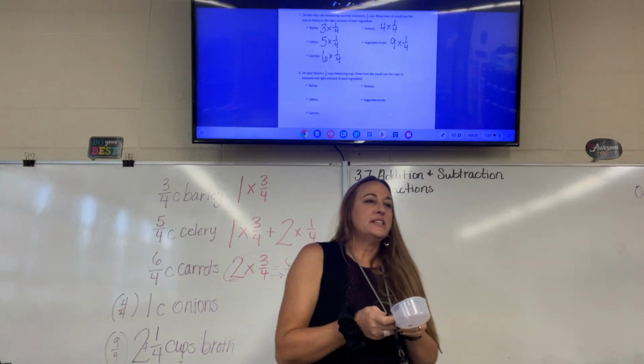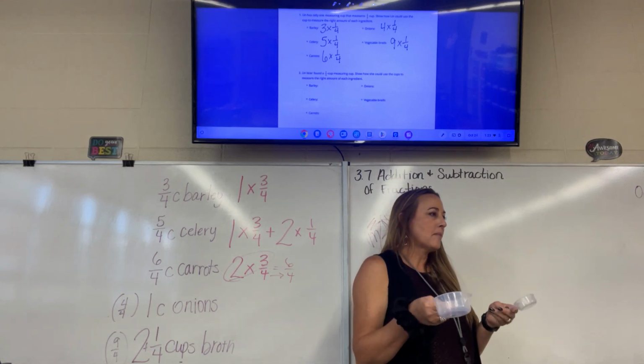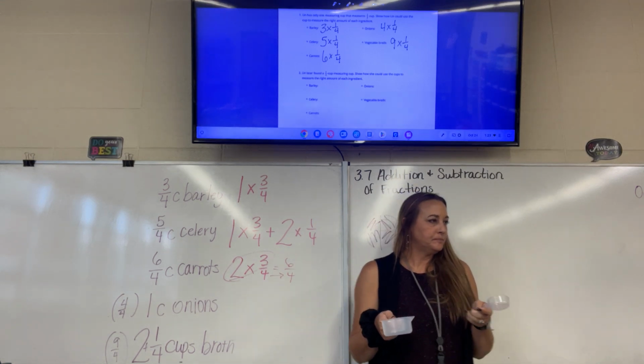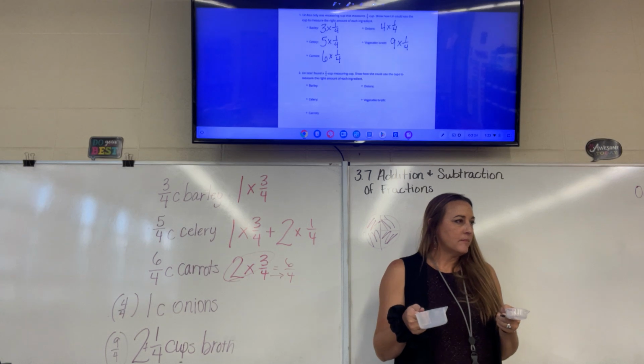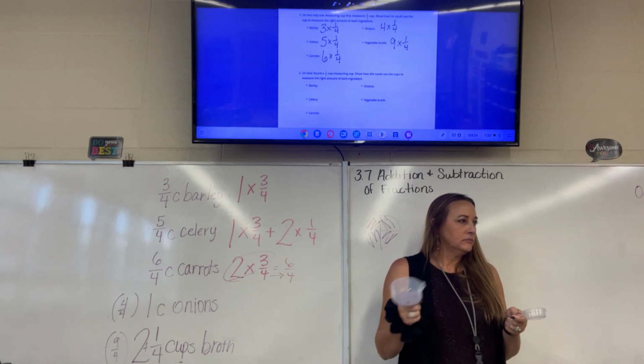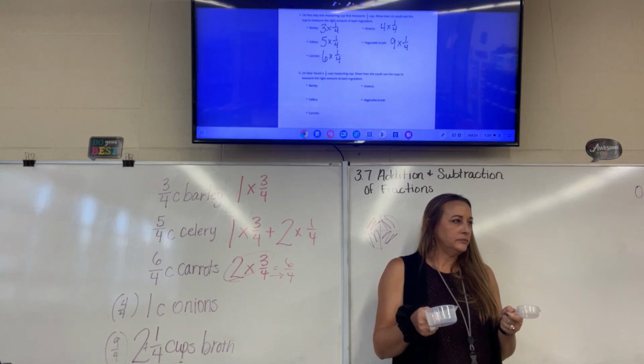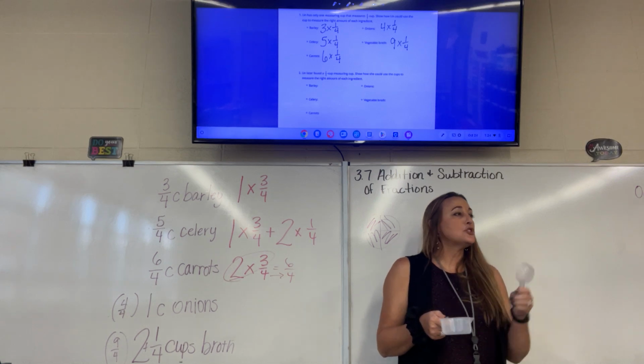How can I use these guys to make one whole? Todd? It's a 3/4 and a 1/4. Use the 3/4 once, and then use the 1/4. So I need to get to one whole.